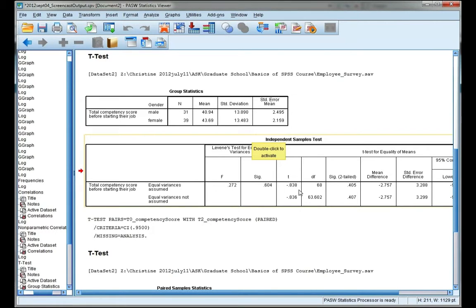We can see our t statistic is minus 0.838, with 68 degrees of freedom, and our significance value is 0.405. We compare this significance value again to our level of significance, which is 0.05. Now 0.405 is bigger than 0.05, so we are going to accept our null hypothesis, which says that the mean score between the groups is not significantly different.